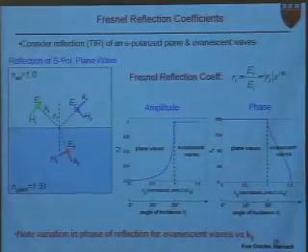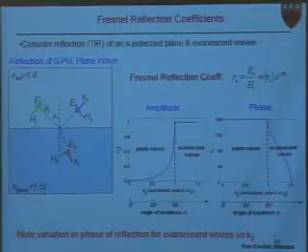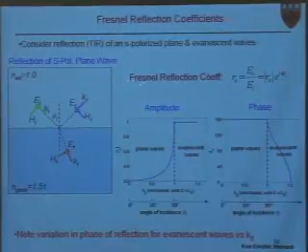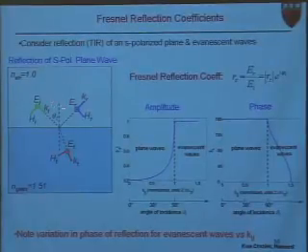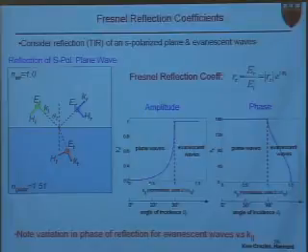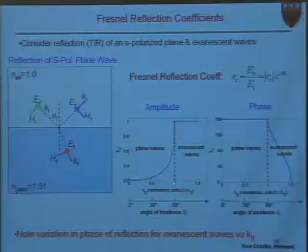And that's the clue to understanding what's going on with that very abrupt change in the dispersion. So if we look at the Fresnel reflection coefficients for an S-polarized plane wave at the interface between glass and the air, we can look at the amplitude and the phase. We can look at this as a function of k vector, where we go from 0 to the k vector corresponding to an angle of incidence of 90 degrees.